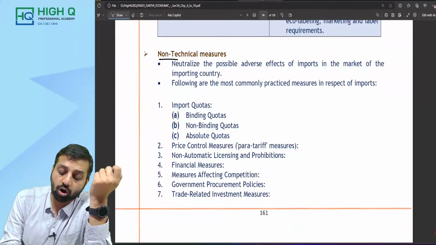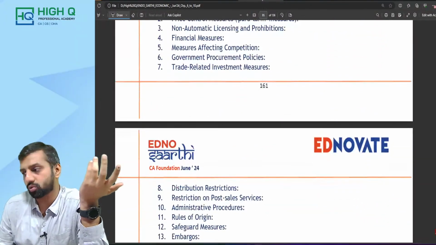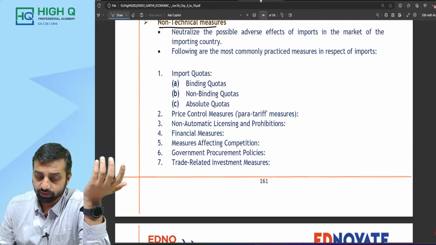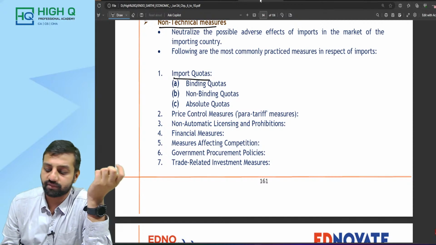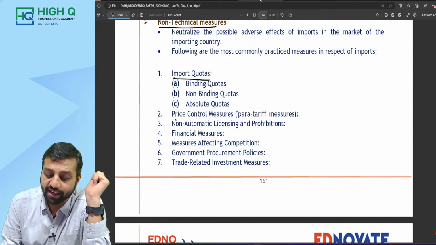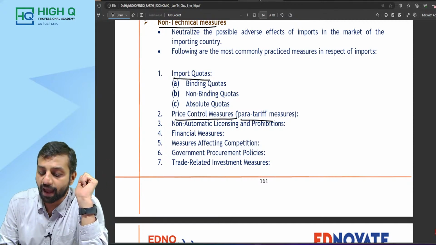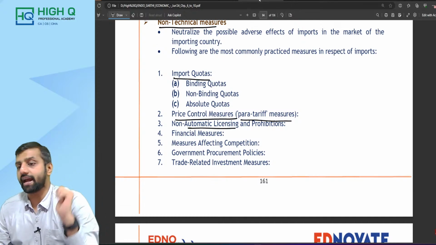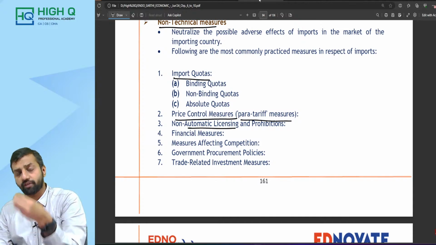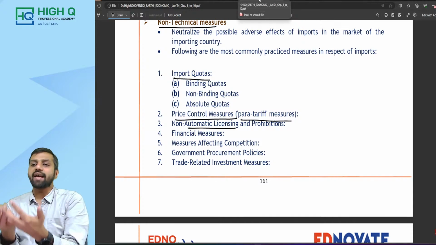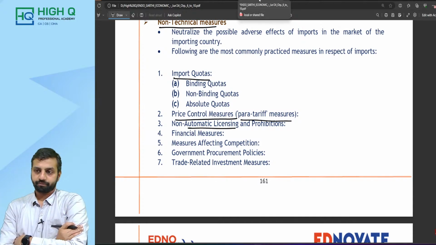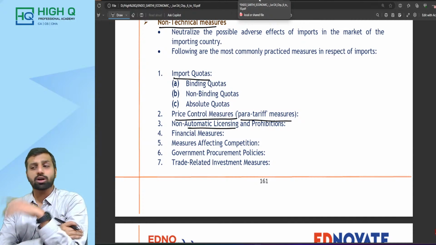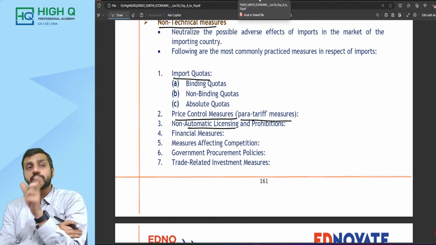There are certain non-technical barriers which you are supposed to go through because there are many things like import quotas, restricting imports, price control measures, that is para-tariff measures, non-automatic licensing and prohibition. So if you want to give a license, you give the license for that commodity. But it is not an automatic renewal. Every time you want to import a commodity, you need to go and renew the license.